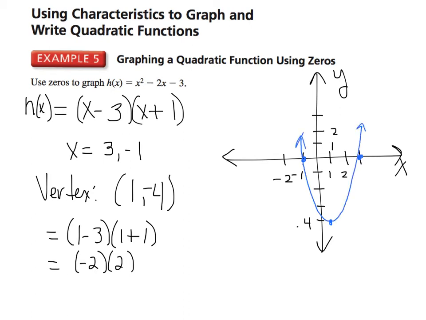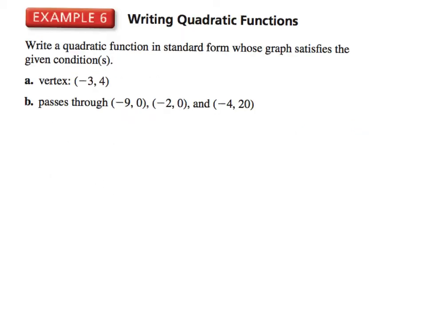My graph would look something like that. In example 6, we want to write a quadratic function in standard form whose graph satisfies these equations. In A, we have a vertex, so therefore I'm going to use vertex form. Vertex form is f of x equals a multiplied by (x minus h) squared plus k.